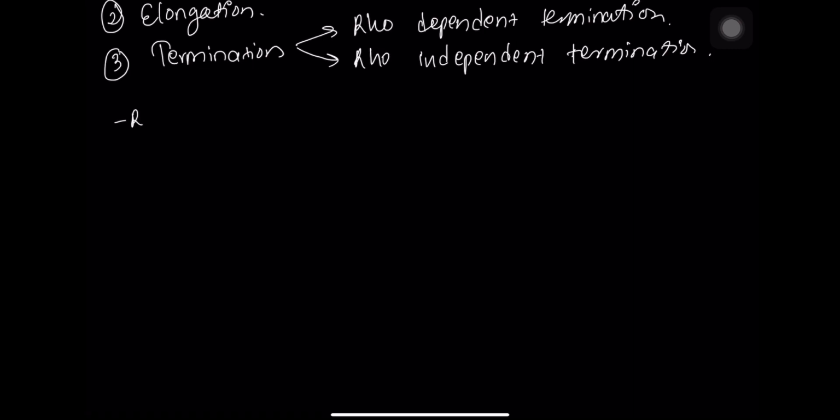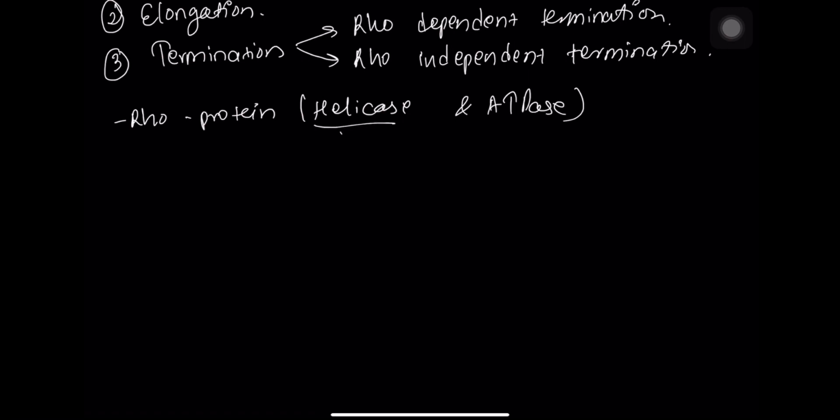There is a protein known as rho protein which has two activities. One is the helicase activity and another is the ATPase activity. The helicase activity will separate the newly synthesized RNA from DNA. So this RNA will get separated from DNA. And the ATPase activity inserts itself into the transcription bubble.